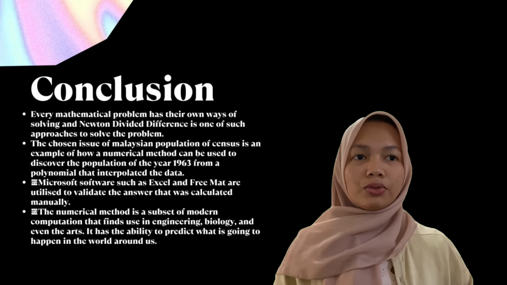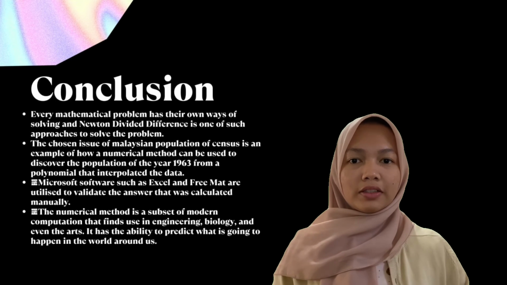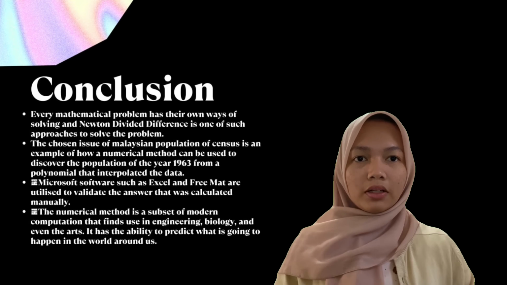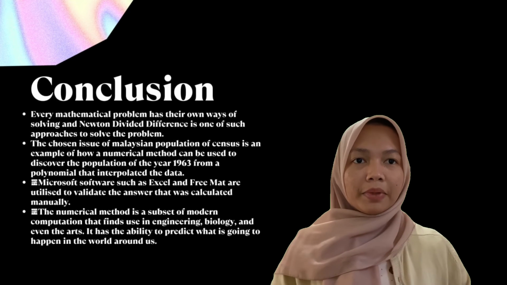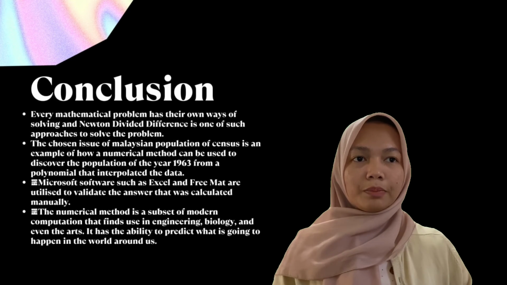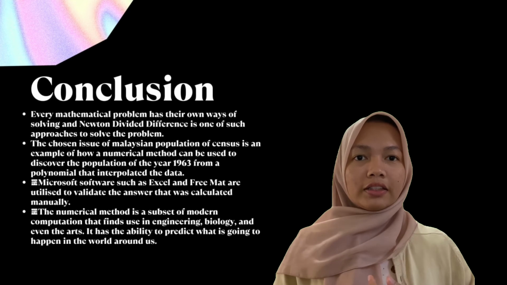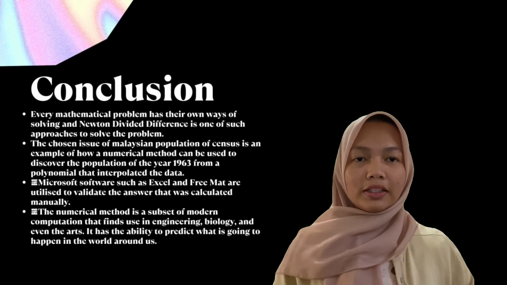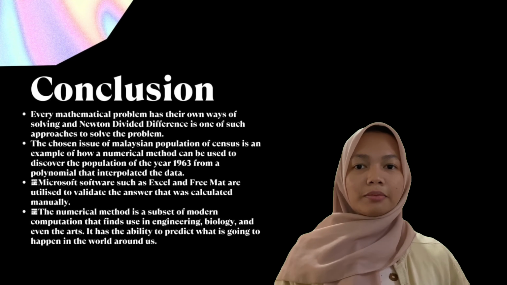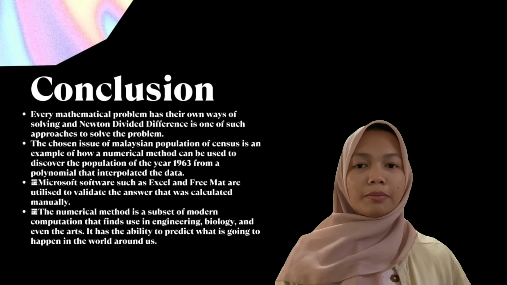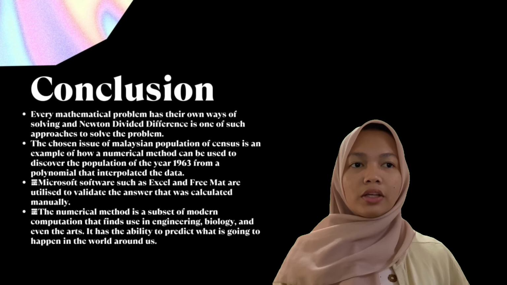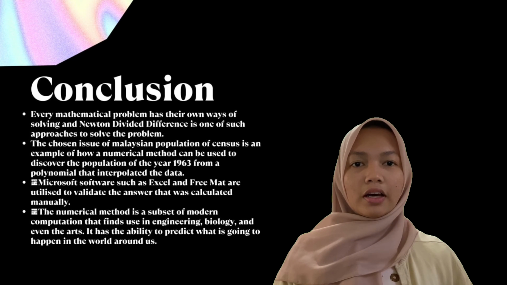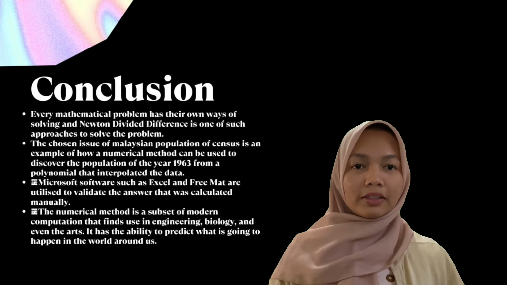The chosen issue of the nation's population census is an example of how numerical method can be used to discover the population of the year 1963 from a polynomial that interpolated the data. In this task, Microsoft software such as Freemat and Excel are used to validate the answer that was calculated manually.